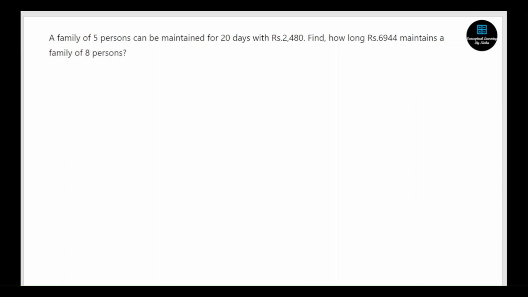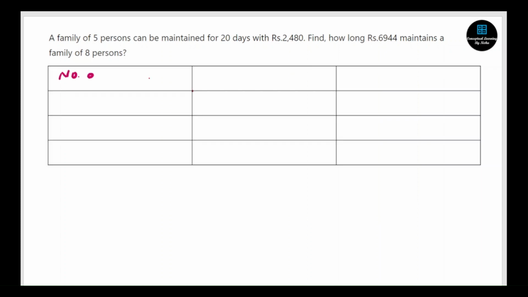These kinds of questions are word problems, so you have to write long statements for them, which is very time consuming. So I'll show you how to do this with the help of a table. Persons, then number of days, and money, rupees basically.